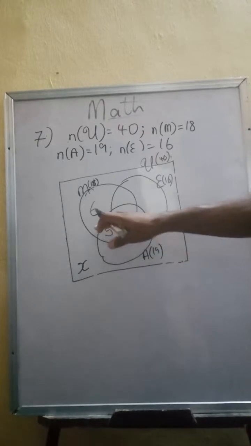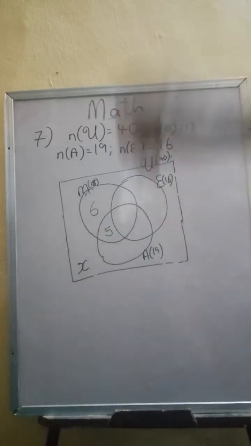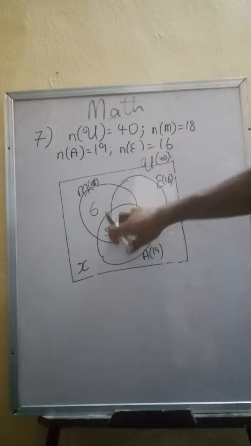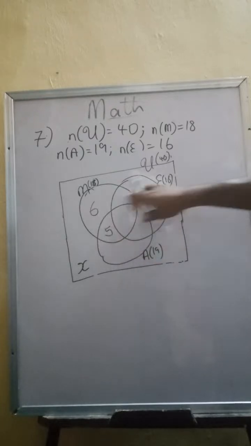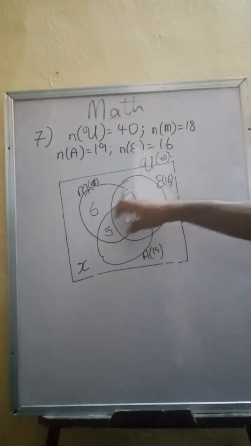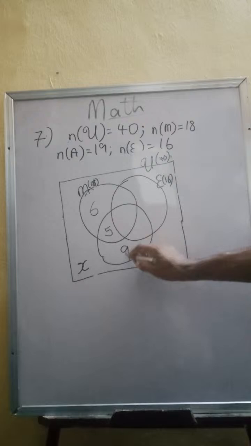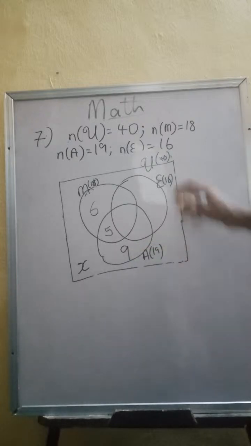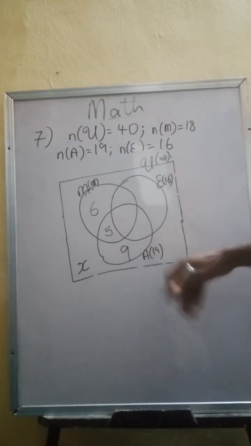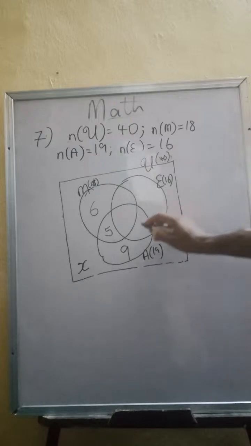But if it is just maths and accounting without the word only, then it includes this entire space. Now the question goes on to tell us that 9 passed accounting only. So that comes here. 2 passed accounting and economics only. And so I'll put the 2 here.